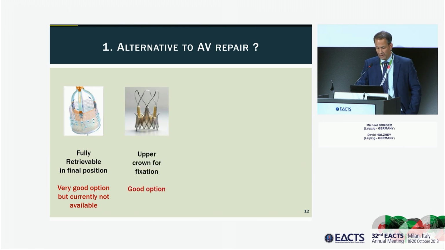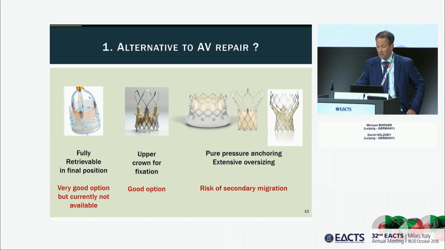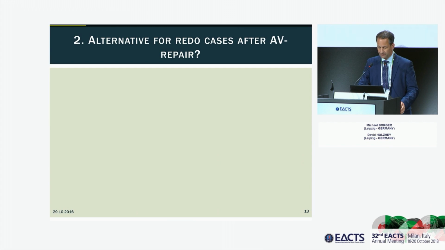As I said already, the Boston Scientific Accurate valve, formerly Symetis, has this upper crown for fixation in the ascending aorta and therefore is a feasible option. And then of course you can always use the two workhorses, the Sapien and the CoreValve or a Portico valve as well, but then you have to accept the risk of secondary migration. And therefore the size of the annulus has to be, like I said, 25 millimeters or smaller.